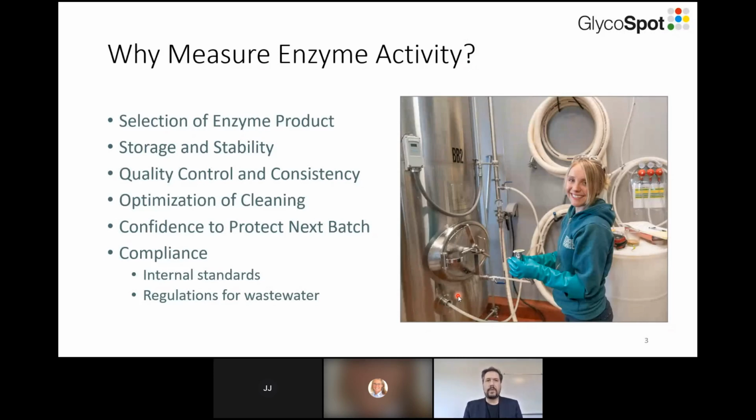Additionally, as a company that's producing food, for example, when you take in your chemicals, perhaps they sit in storage for a number of months before that product is fully used up. Especially because enzymes are a biological product, they have a finite shelf life, and their activity can decrease over time.